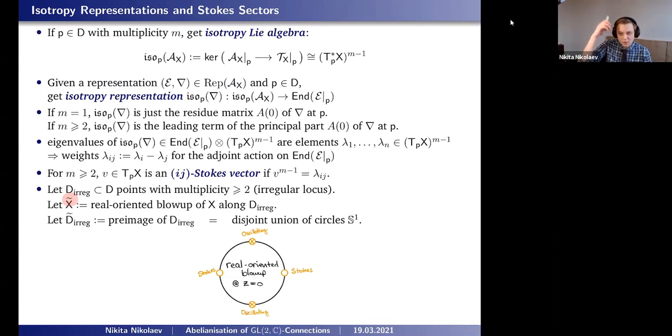I look at the blow up locus D irreg, and I pull that up, and just like with any real oriented blow up, each component, the preimage is just a circle. So basically the preimage of this irregular locus is a bunch of circles, and you should think of these circles as giving you directions which correspond to vector fields in my tangent space at P. And so what you get is that these ij Stokes vectors give you preferred directions on this blow-up circle.